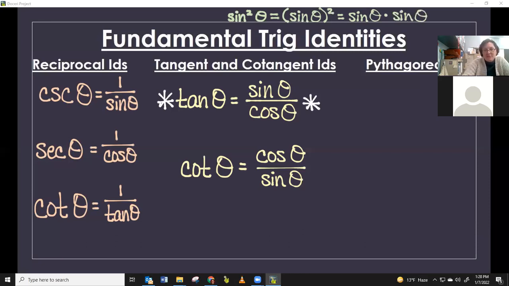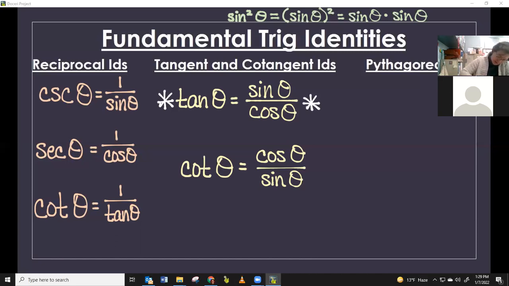That is consistent mathematics notation. I'm not entirely certain why they settled on that, why they put the squared next to the actual function, but that is the notation that they've settled on. So whenever you see sine squared and an angle, we are taking sine of that angle and multiplying it by sine of that angle.